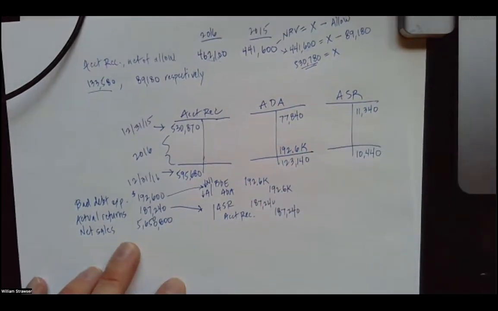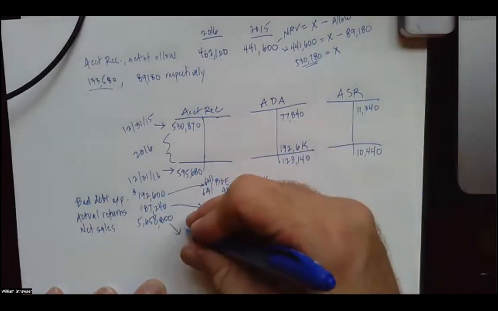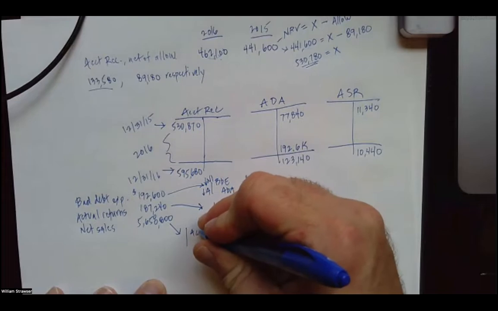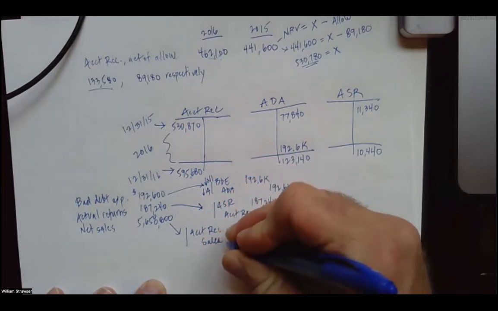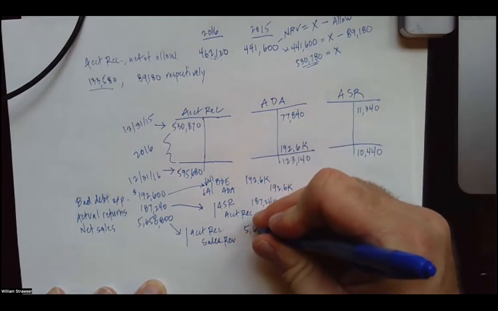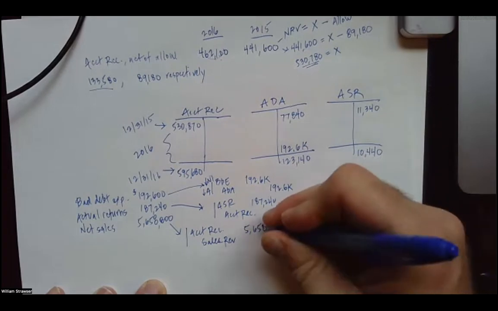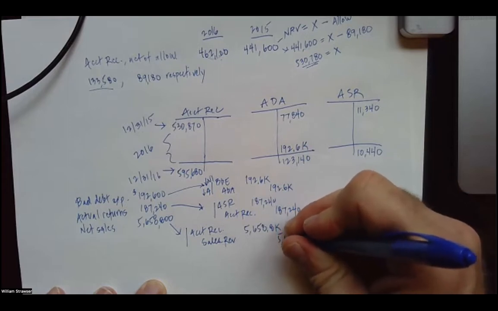For the net sales, it says assume that all these are on credit. So 5,658,000 would be debited to my accounts receivable account and credited to a sales revenue account.